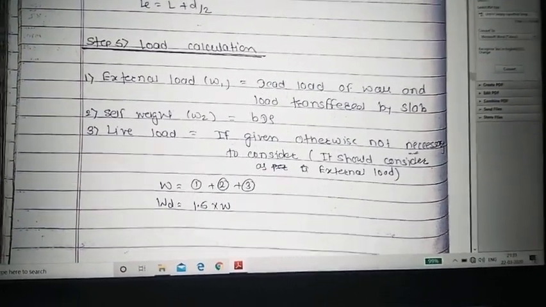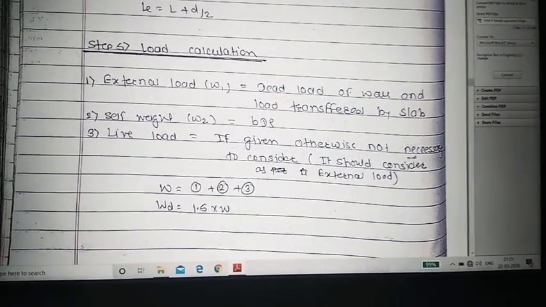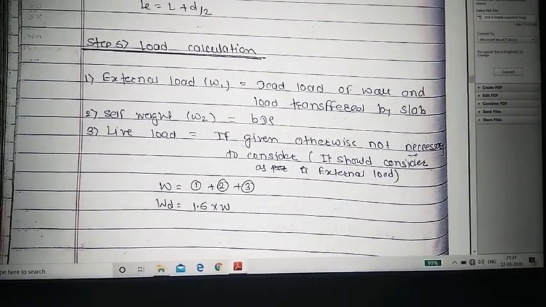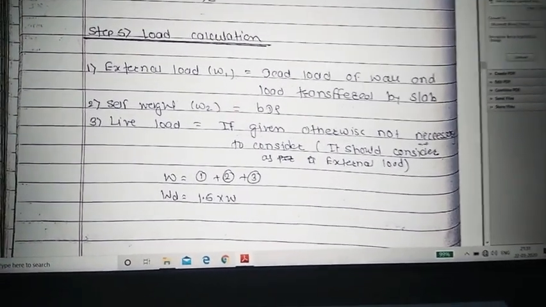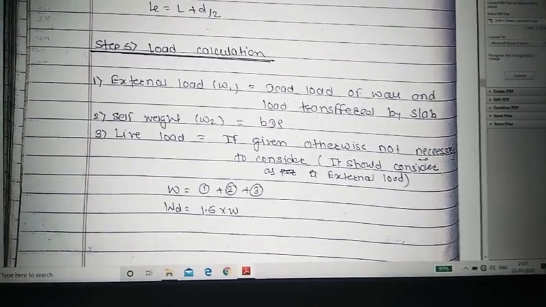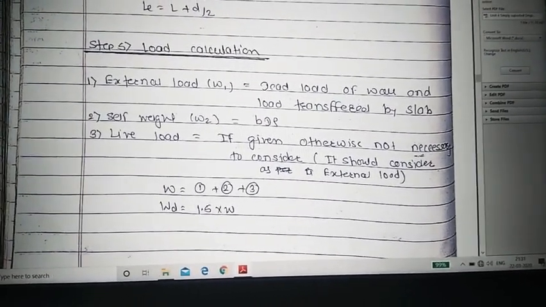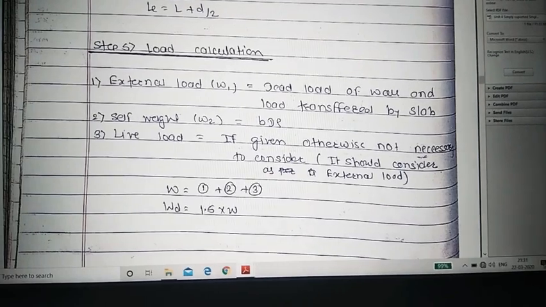If you are solving this numerical from an exam point of view, this W1 will be given to you in the numerical, but in practice you should calculate it properly by considering one way or two way slab.